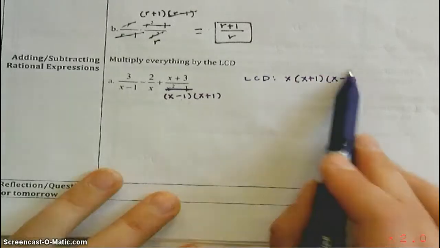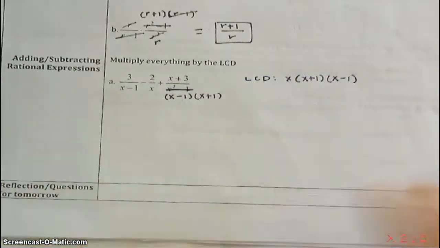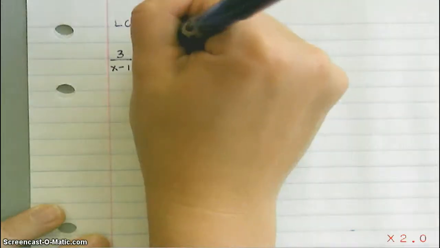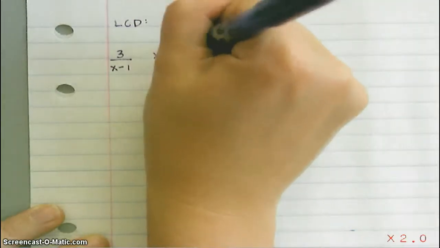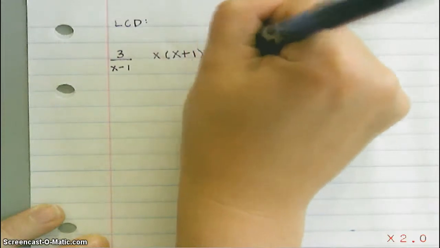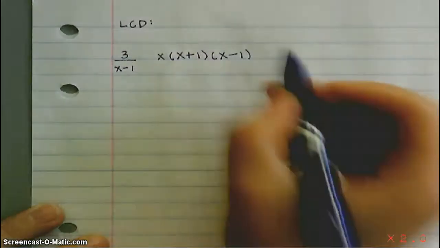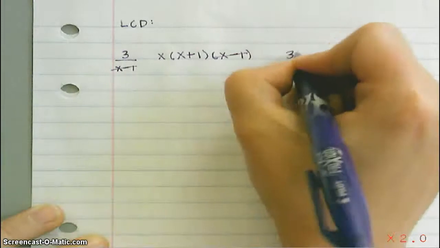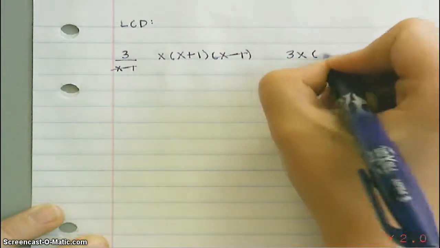Your denominator is just going to be the least common denominator. So here, the first part of our expression, 3x over x minus 1, I'm going to multiply that by the LCD. Here the x minus 1s will cancel. So this part of my numerator is just going to be 3x times x plus 1.